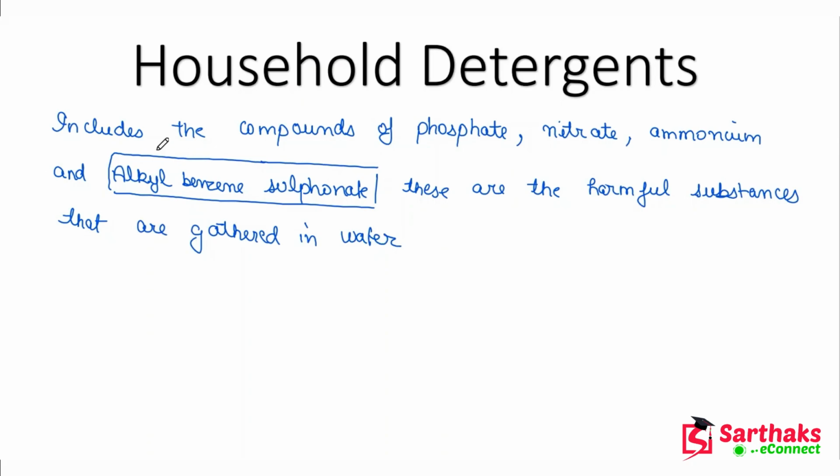The alkyl benzene sulfonate, we also call it ABS. It is a non-degradable waste material and it is not degraded.